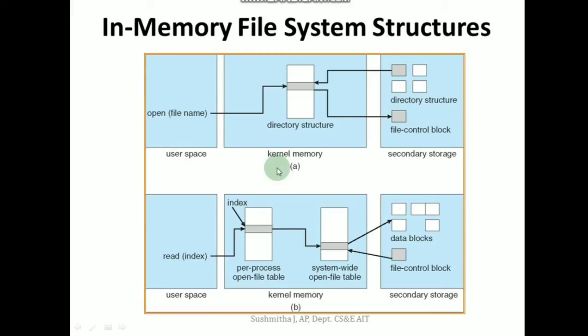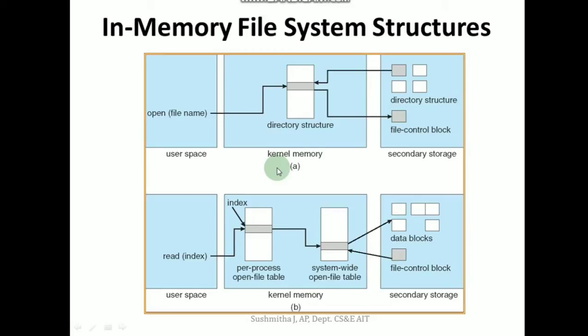So FCB can be created in two ways. You can have FCBs all created in a pool, and whenever there is a new file created, it can go allocating an FCB, or whenever a new file is created, an FCB also can be created eventually.